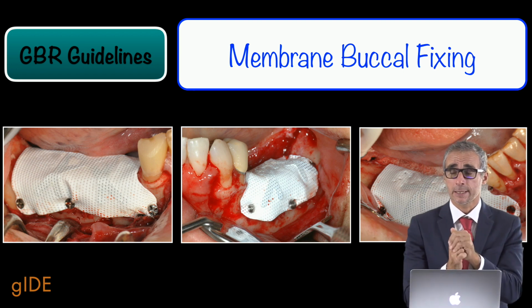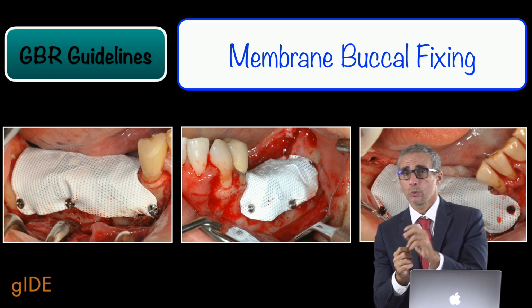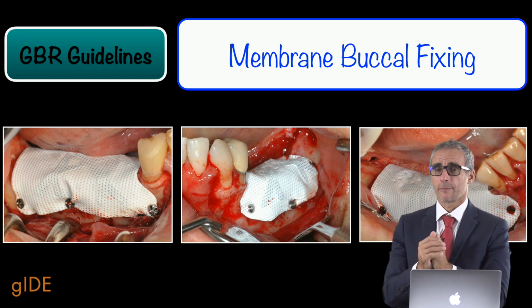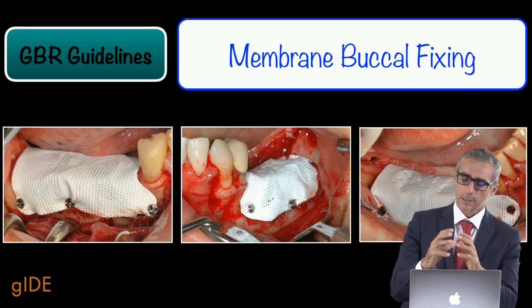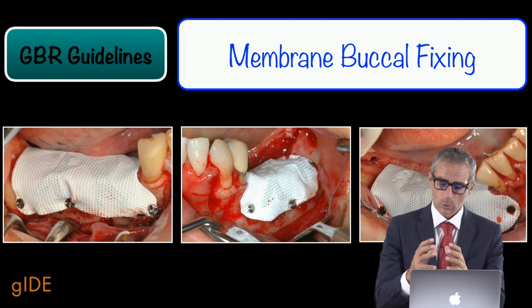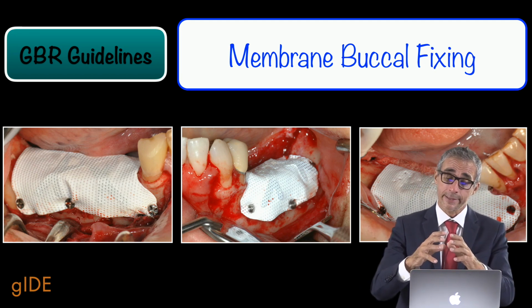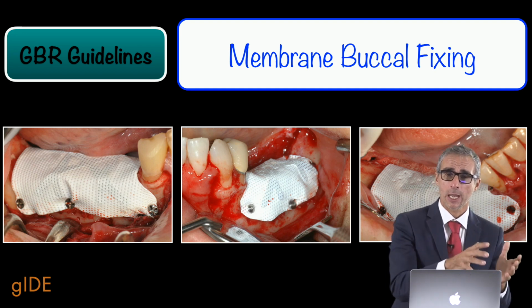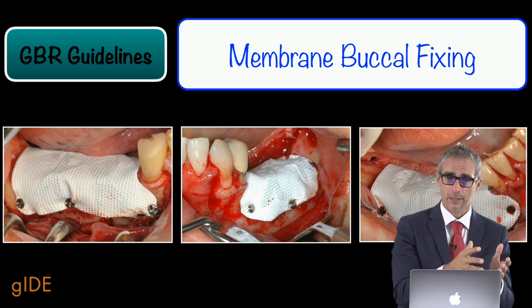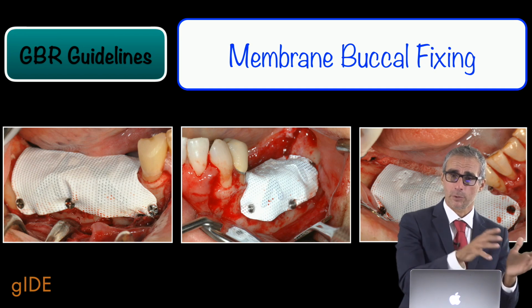And for this, we have to do two things. First, we have to graft the material with an ideal shape that is similar to the shape of the membrane that we perform.